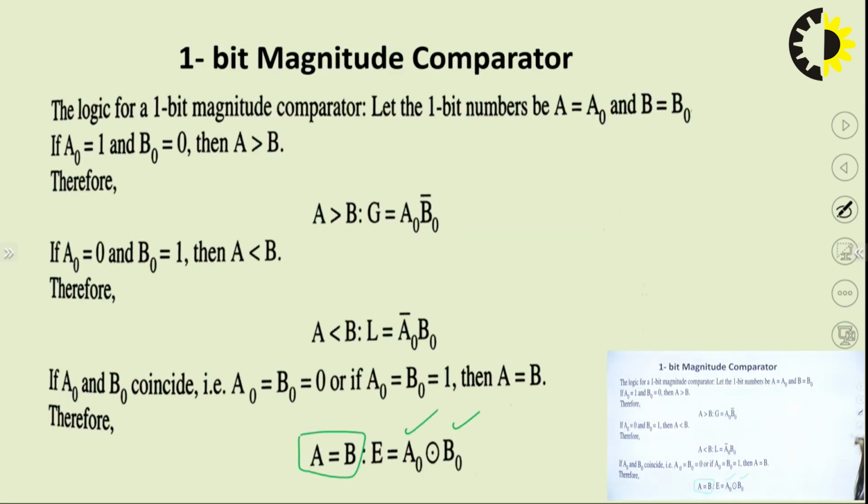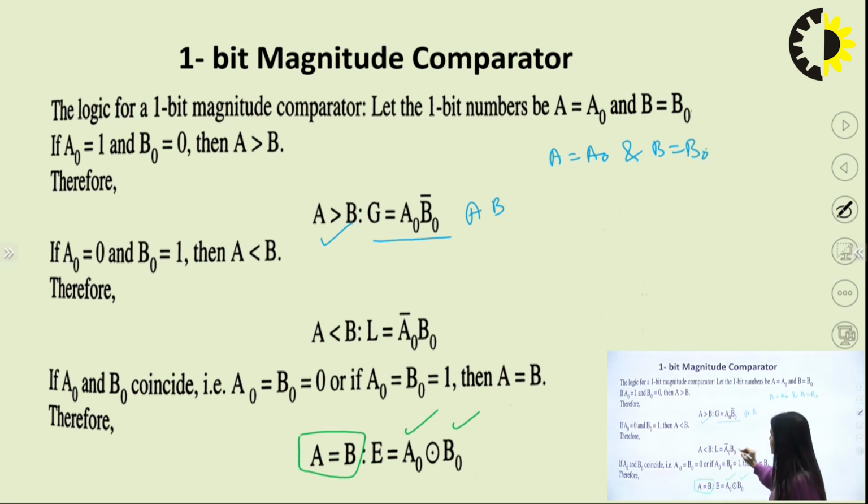So I have written A is greater than B, G is equal to A B bar. Actually here we are taking A as A naught and B as B naught. And A is less than B is A naught bar B naught.